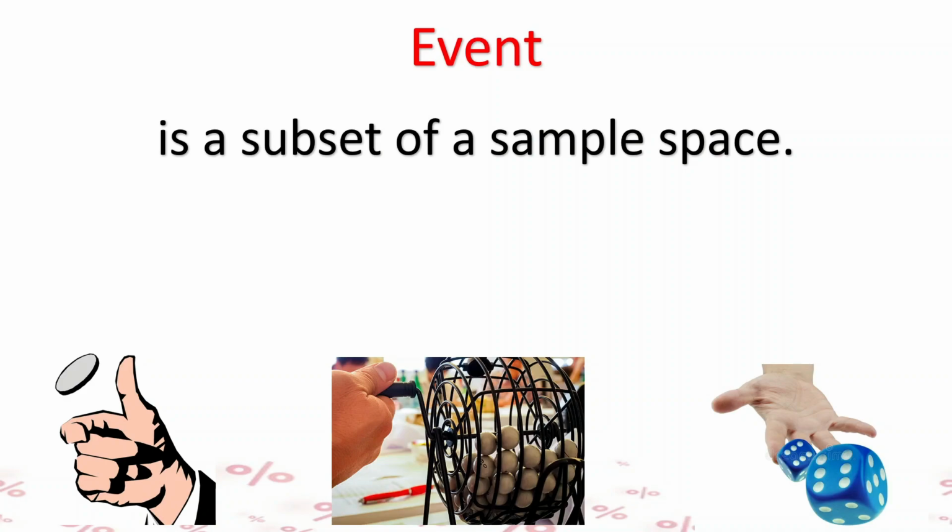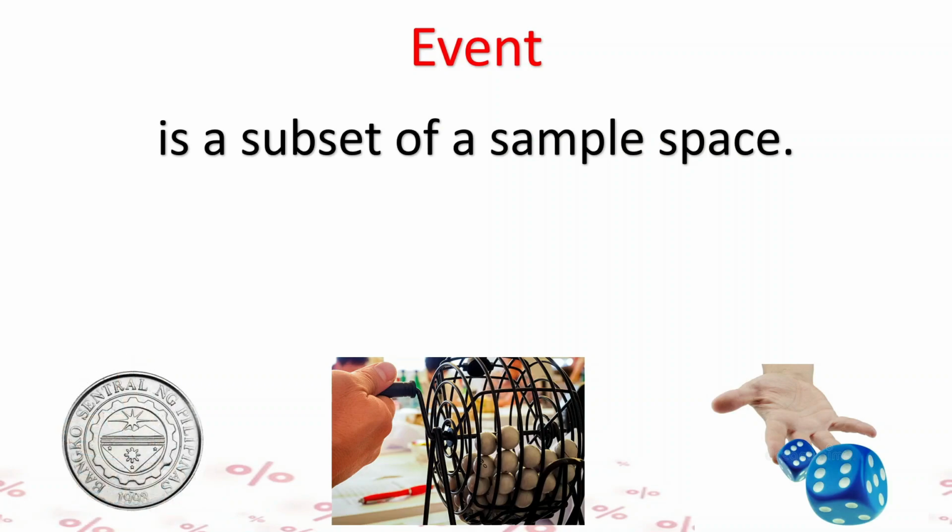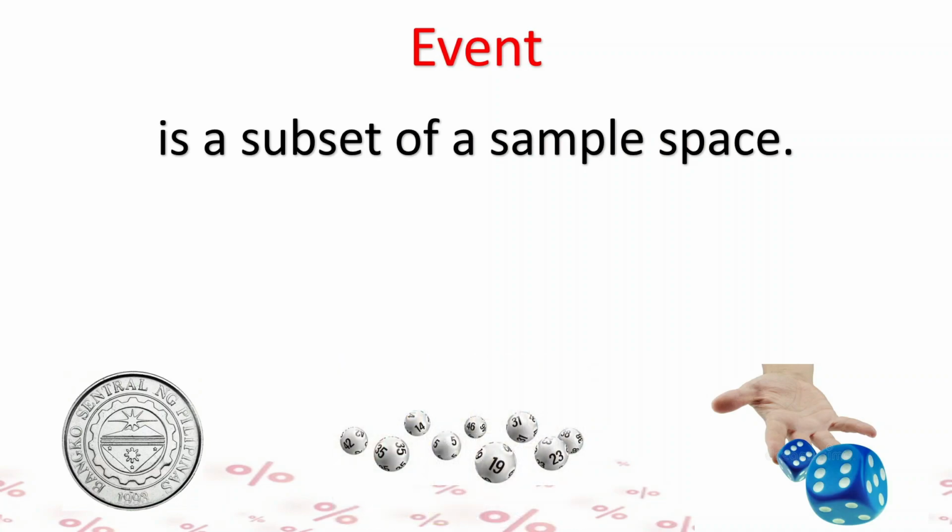For example, if we toss a coin and we get a tail, then that is a subset of all the possible outcomes. So that is an event. In drawing a lottery, if we only choose 1, 2, 3, 4, 5, 6, 7, 8, 9 balls out of all the balls in the lottery box, then that is just an event.